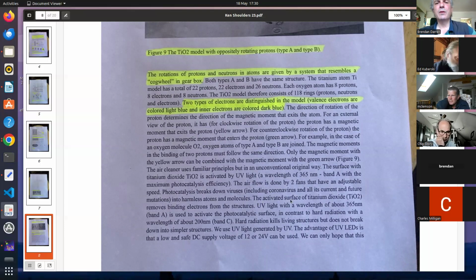The activated surface of titanium dioxide removes binding electrons from the structures.